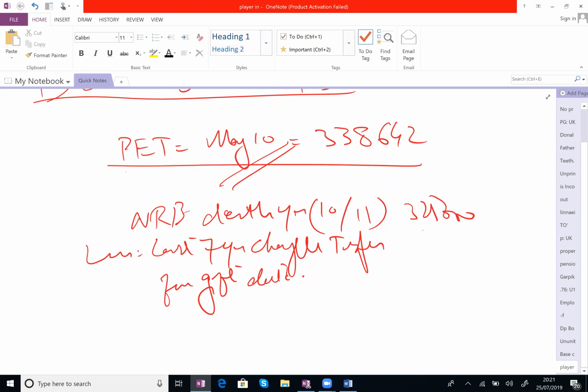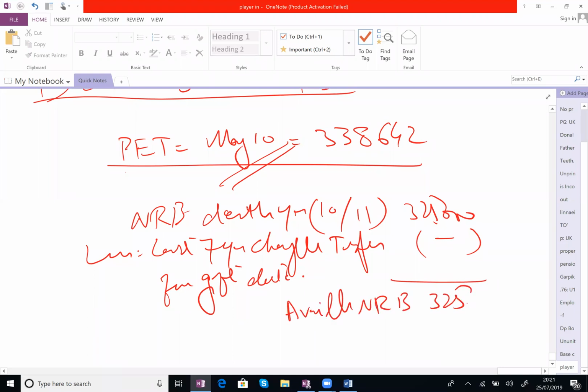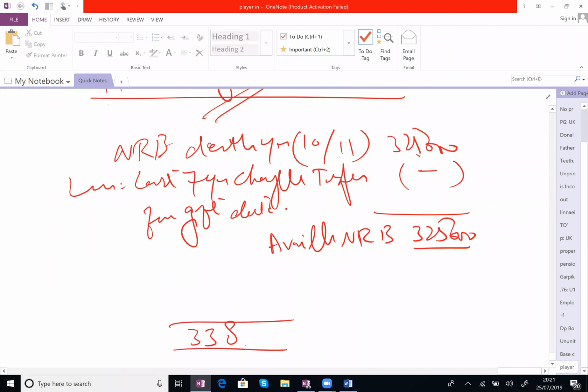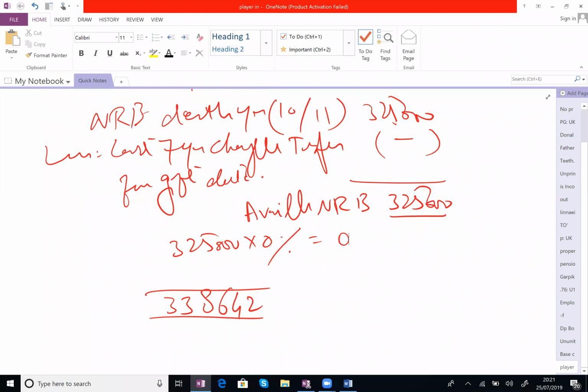No. So available NRB is full, 325,000. Now on value of PET 338,642, 325,000 is covered in the nil rate band, zero tax, and the remaining amount is 13,642.